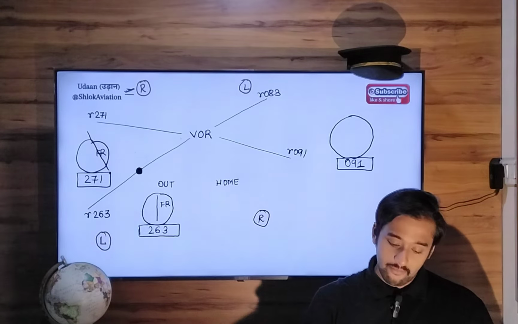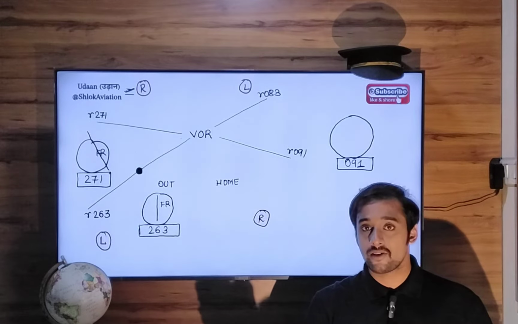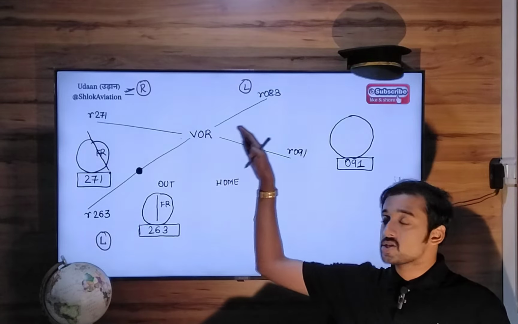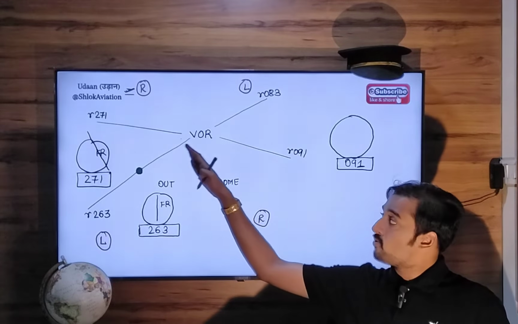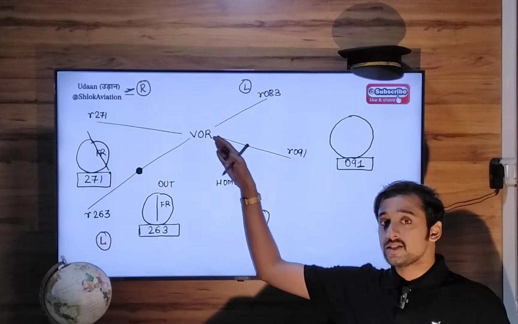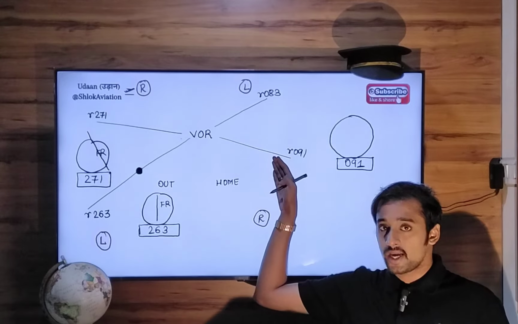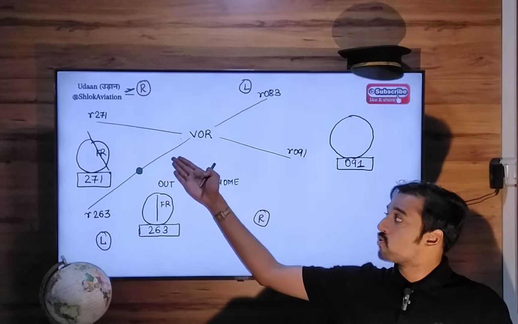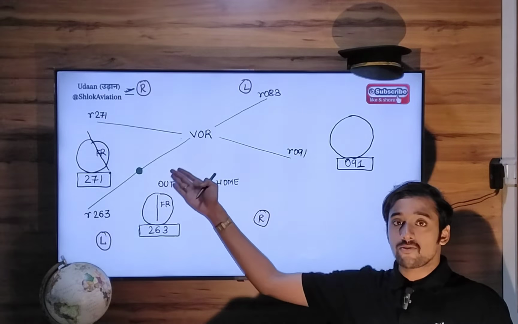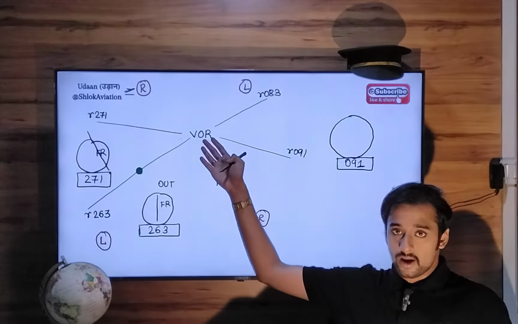Now in this case, we have put an OBS setting of 091. So 091 is to this side of the VOR. If you want to go on radial 091, bearing of 091, you will have to first go towards the VOR, right?